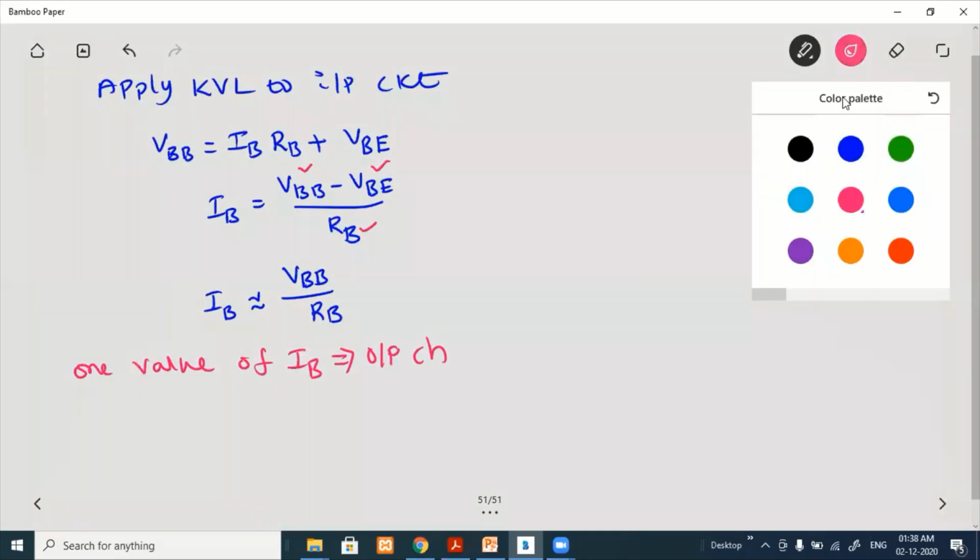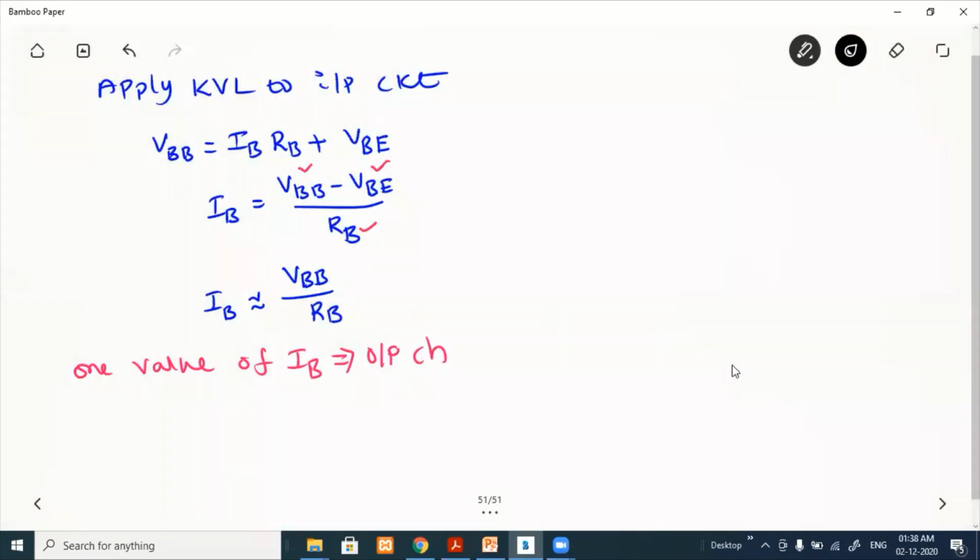So let me draw the output characteristics again. This is the VCE axis, and this is the IC axis. Then first draw the DC load line.